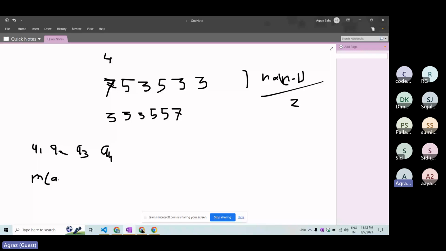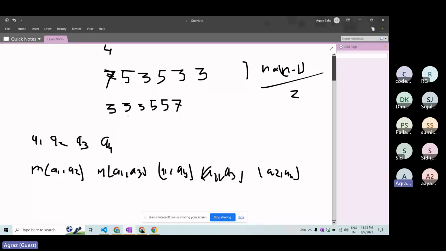The next will be, of course, the minimum of a1, a3. Then a1, a4. Again a2, a3, a2, a4, like this.